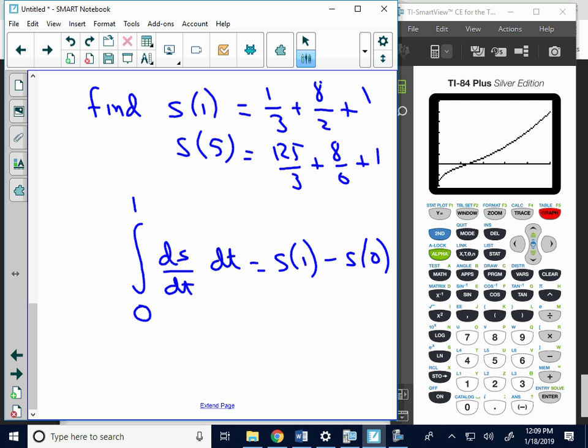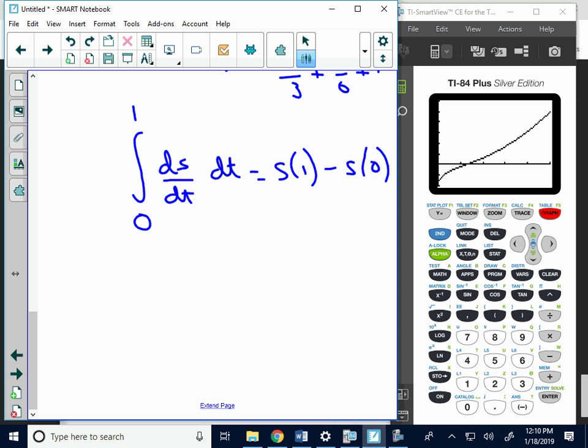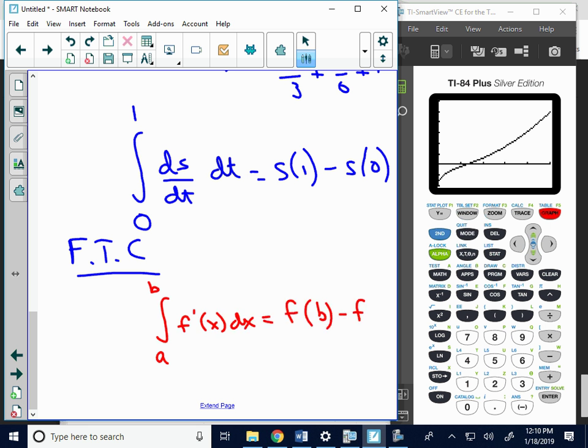I don't like that, Mr. Bosquet. What just happened? We'll go back to the fundamental theorem of calculus, way back in chapter 4, whenever you first did it. It said this: the integral from a to b of f prime of x dx was f of b minus f of a.